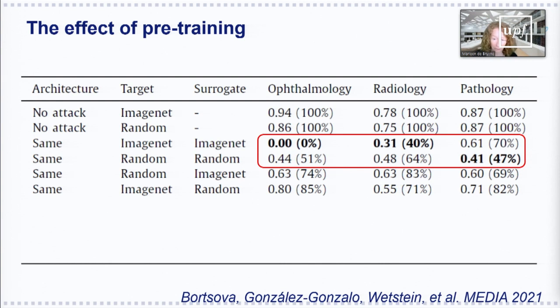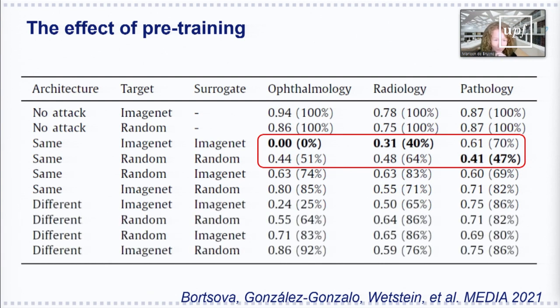Now, when the architecture of the target and the surrogate are different, attacks are much less successful. They still drop in performance in most cases, especially when both models are pre-trained on ImageNet, as you see here. So there are still quite poor performances.